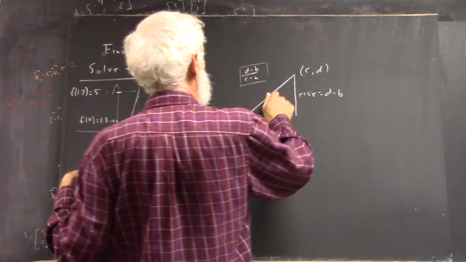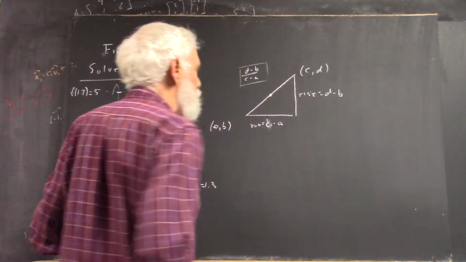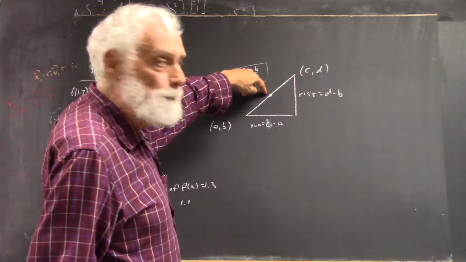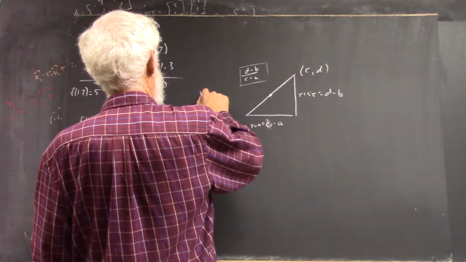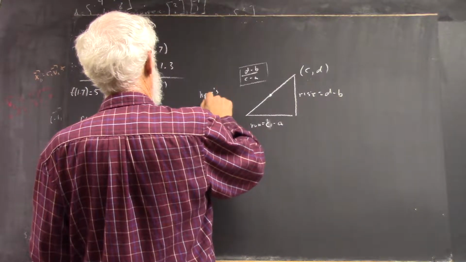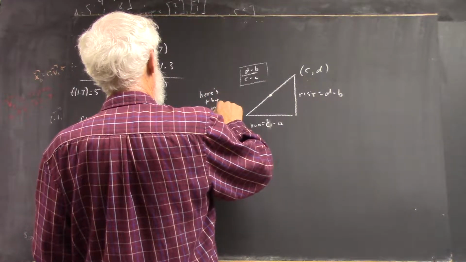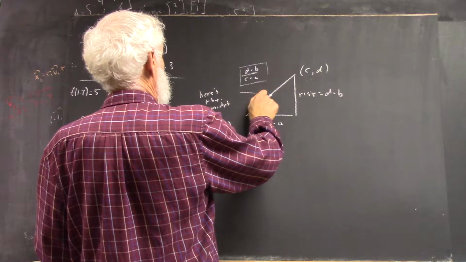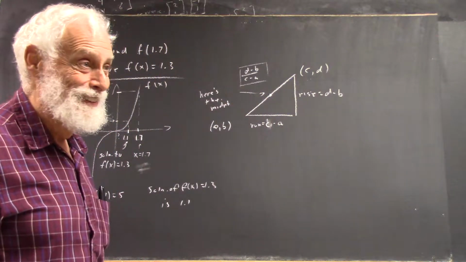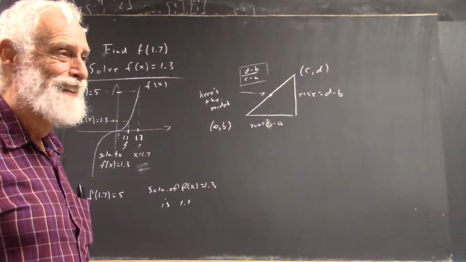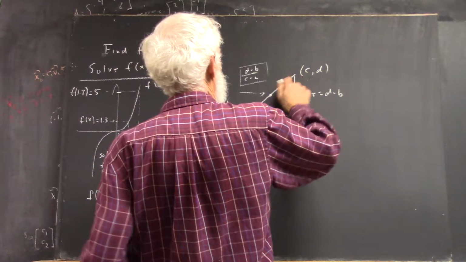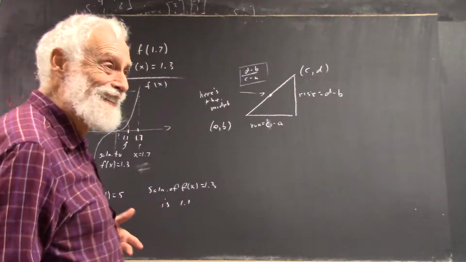Okay, now labeling the midpoint doesn't mean just put a point in the middle and then say, here's the midpoint. That's not what I mean. Or put a couple of arrows from here to here and say, that's the hypotenuse.